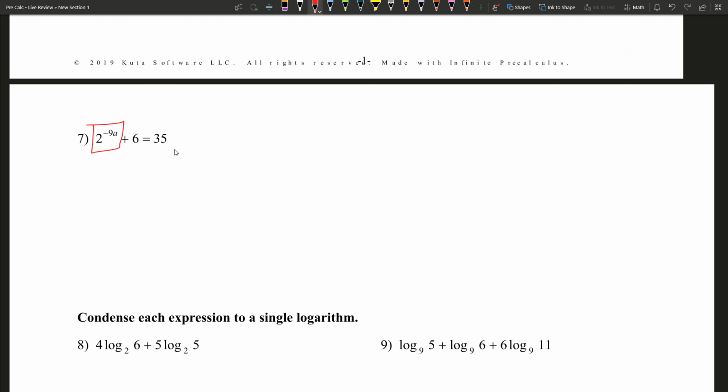If this question were really just x plus 6 is equal to 35, the first thing you would do is subtract 6. Then you'd have x is equal to 35 minus 6, which is 29. You do the same thing in this actual equation. You leave 2 to the power of negative 9a by itself. Subtract 6 from both sides, and you get 29.